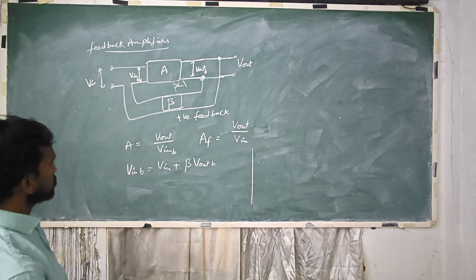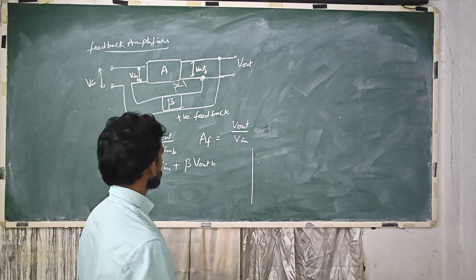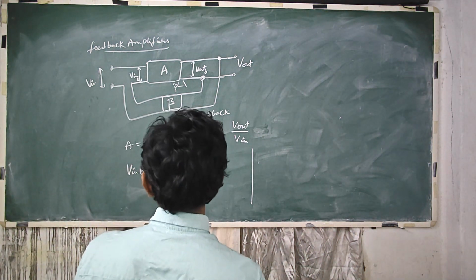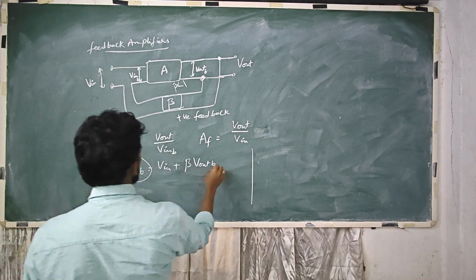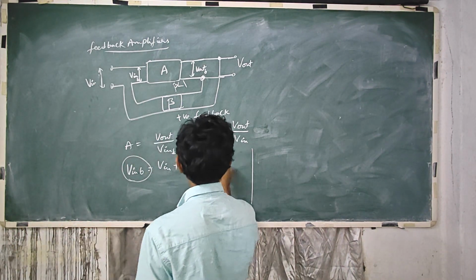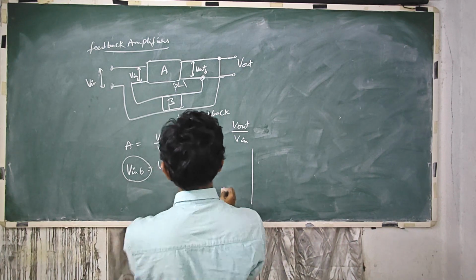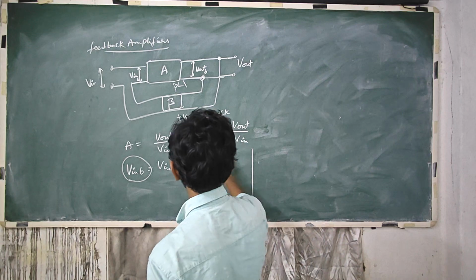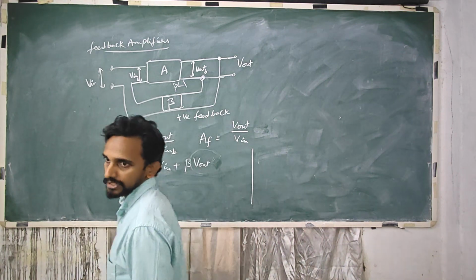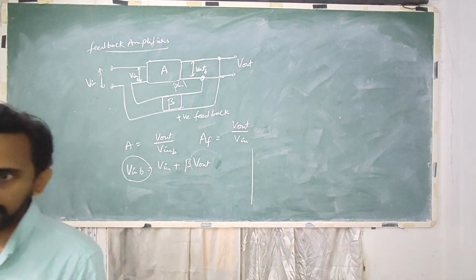Okay, and what is it that I need to eliminate here? The unwanted factors are these. V in B is the unwanted factor here. I need to eliminate that. Right?